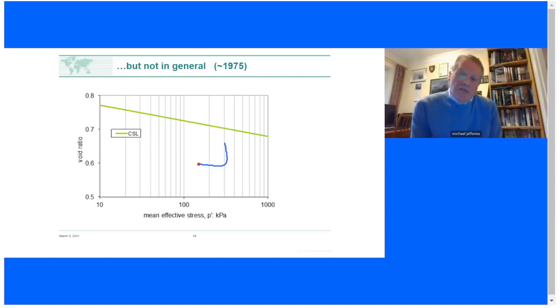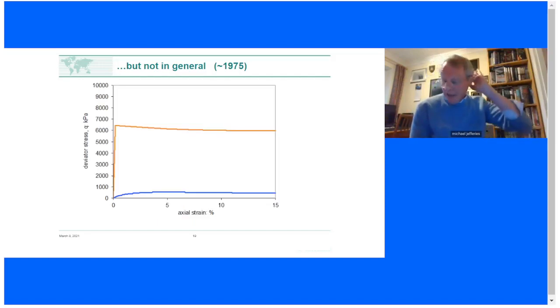And the lab guy here has made a sample, and the green line is the critical state locus. They made a sample that's about 0.15 void ratio units denser than the green line, or the critical state. And the Cam clay prediction for the behavior of such a sample is what I show you here in brown. And what you measure is what I show you in blue.